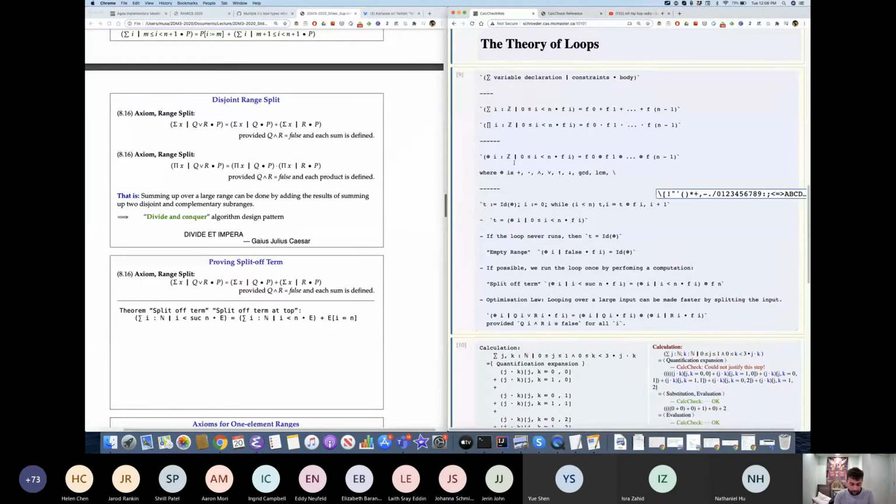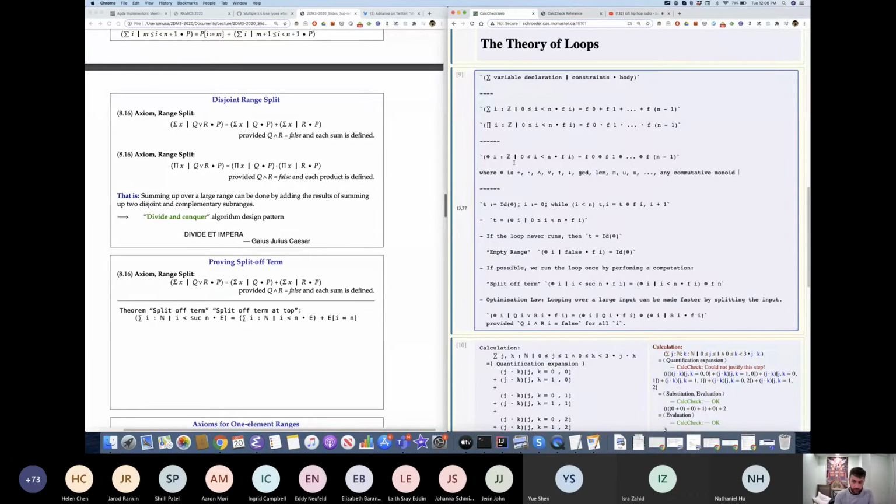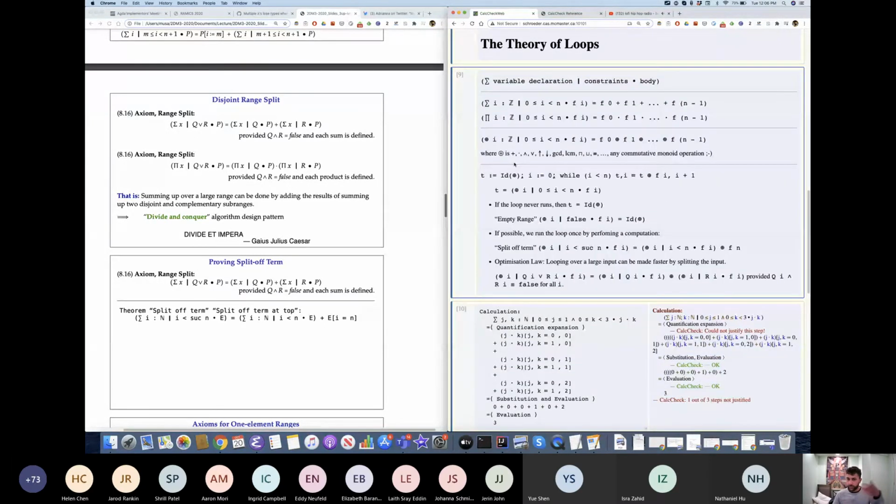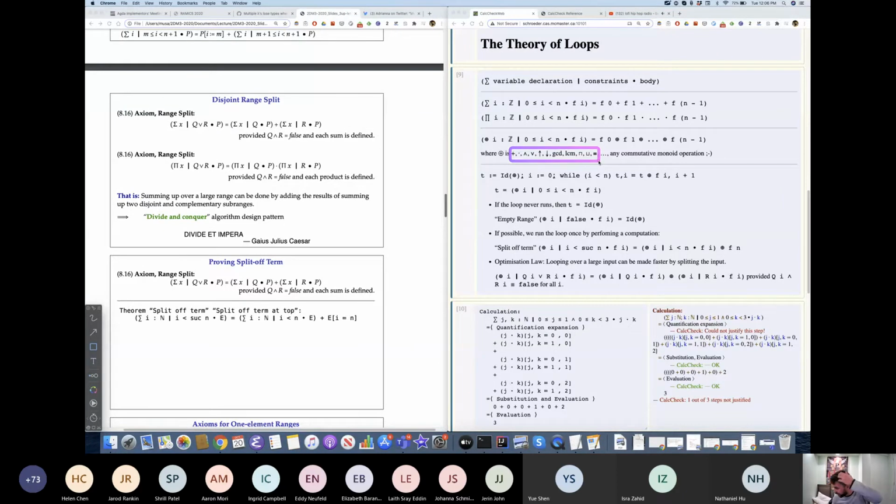Meet, join, equivalence. So it can be any of these, any commutative monoid operation. Recall we talked about commutative monoid operations, but the idea is I'm using O plus because the rules will work for all of these operations you've already seen or will see.